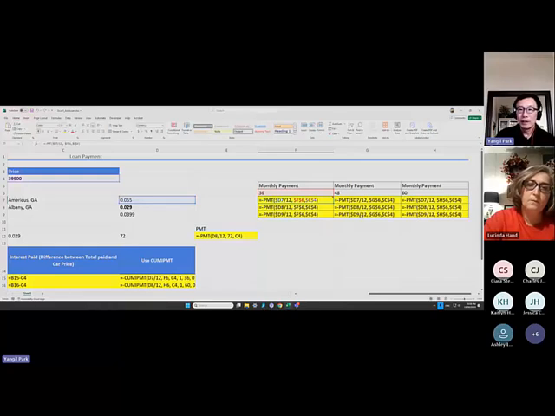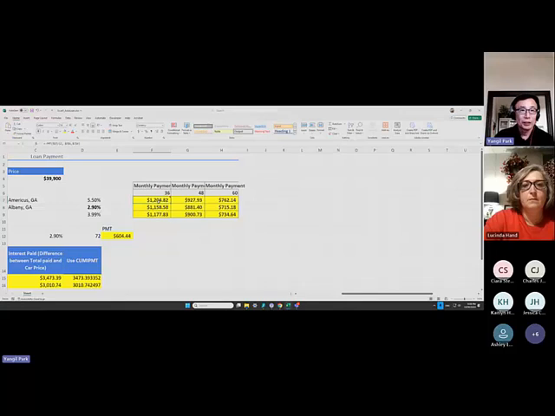So the main thing again, the PMT function: annual interest rate divided by 12, followed by total months, followed by the present value or the loan amount. Then it returns those monthly payments, but obviously the highest amount goes to the highest annual interest rate, right?